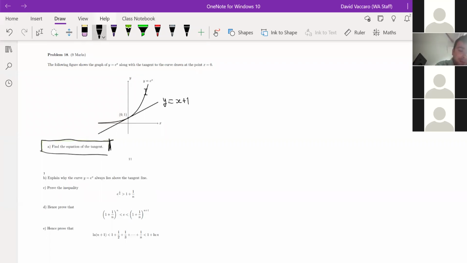Okay, part B. Explain why the curve y equals e to the x always lies above the tangent line. Does anyone want to put into the chat a sort of verbal explanation?